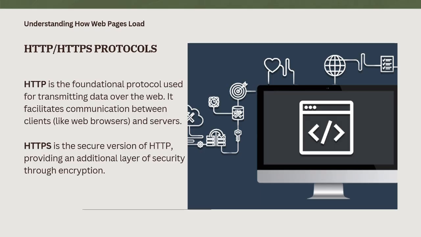Even if you take a look at your browser and search something, most of the time you see https://www.so-and-so.com. But if it doesn't have that extra layer of security, they just write http://. So that one is the normal protocol without security in addition. That's the difference between HTTP and HTTPS.